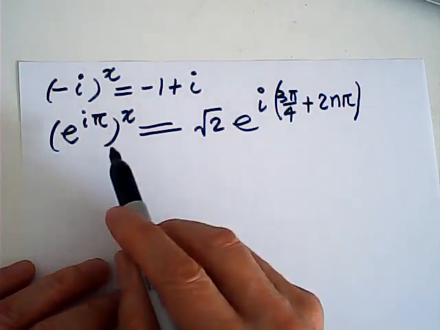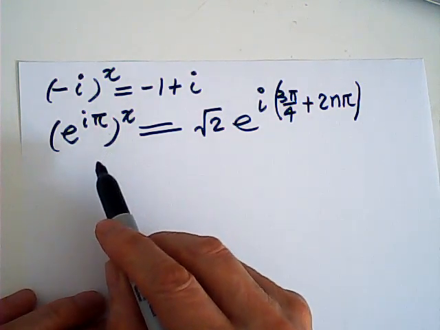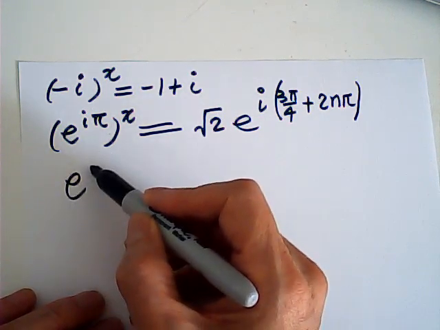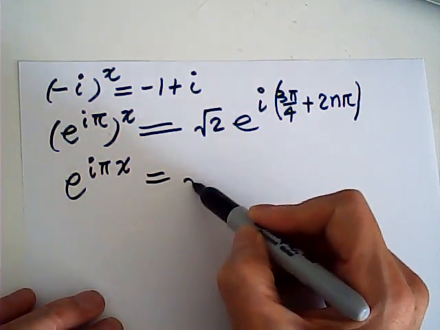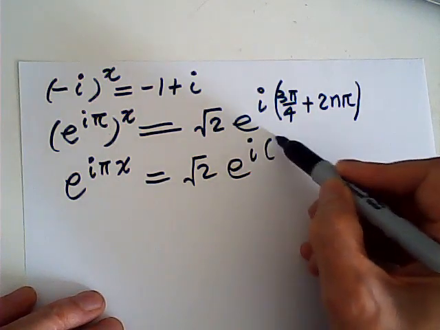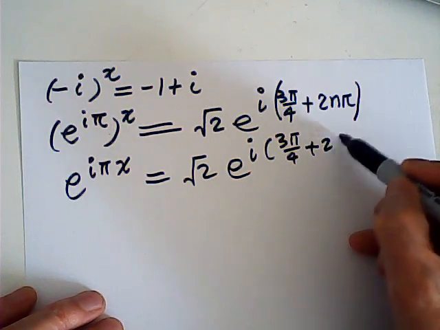Okay, so the left-hand side is e to the i pi x is equal to square root 2 e to the i, 3 pi over 4 plus 2n pi.